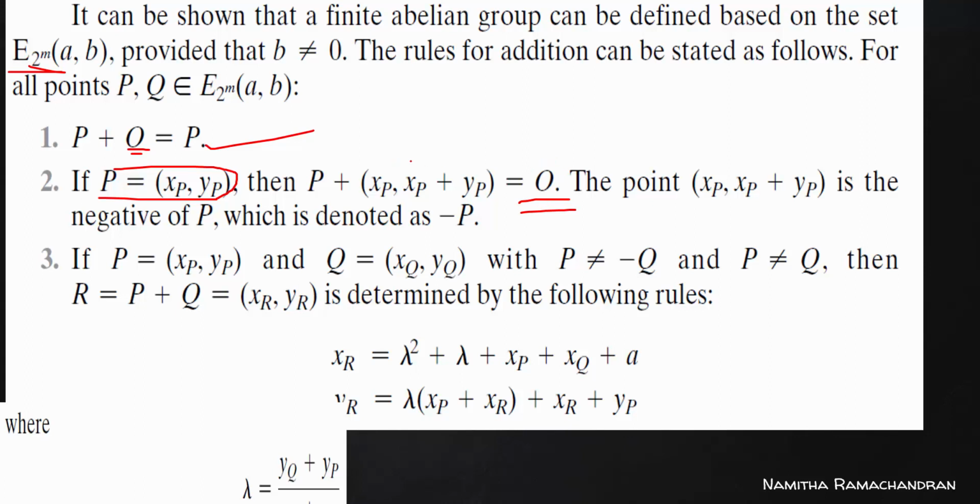That means this is the point that is the additive inverse of this given P, that is minus P. P plus minus P is that additive inverse 0. Is this valid? If we know P, is it possible to get this minus P at this coordinate position xp comma xp plus yp?